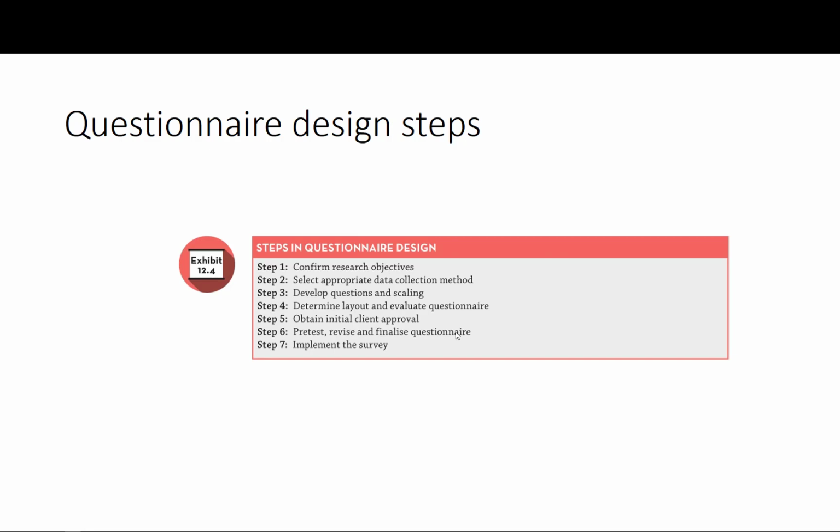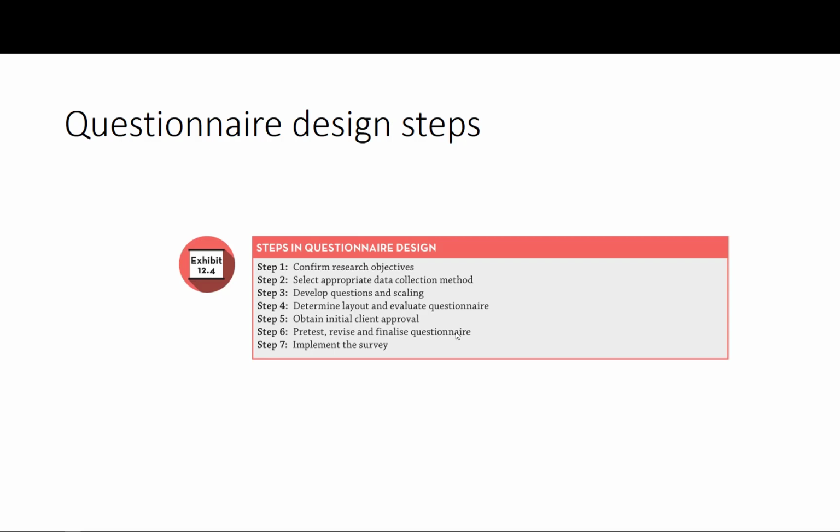So this was your survey versus experiment decisions. It also relates to how we're going to collect the data. Is it going to be a telephone survey? Is it going to be an online survey? Is it going to be a mall intercept survey? Because each of those different collection methods influences what and how you should design the questionnaire itself.